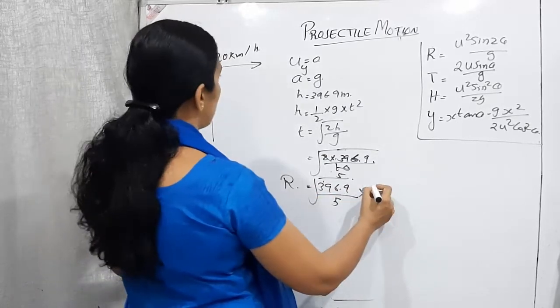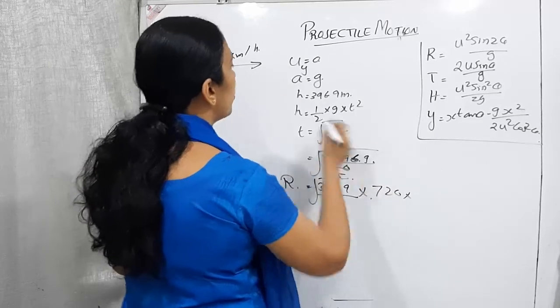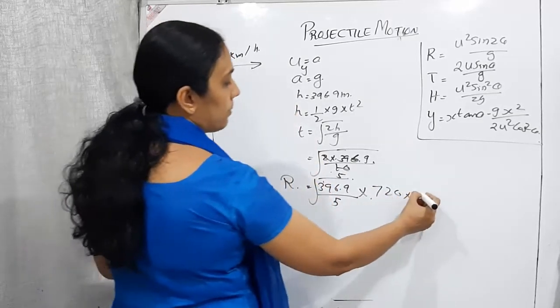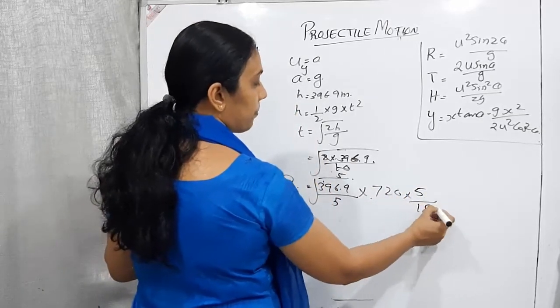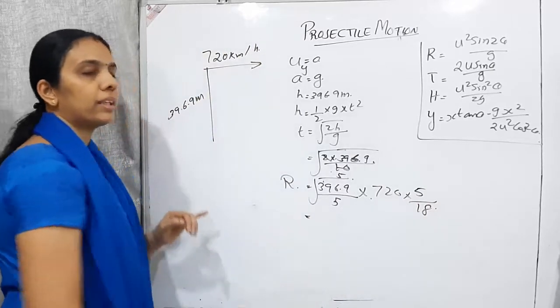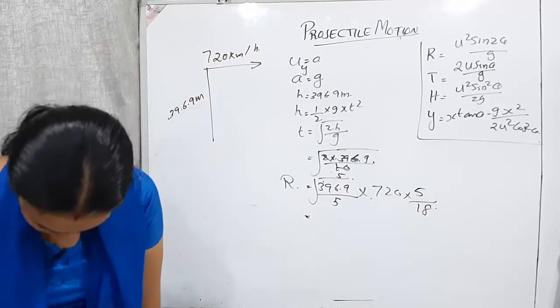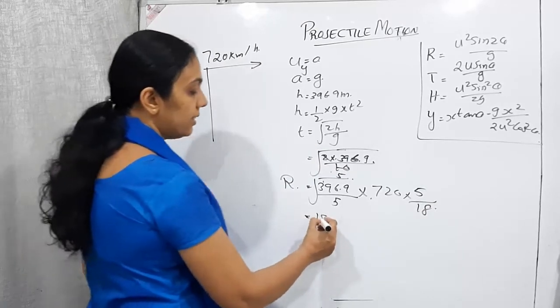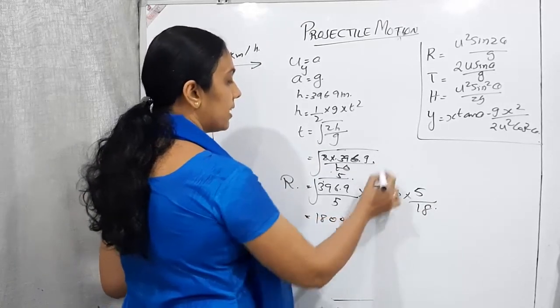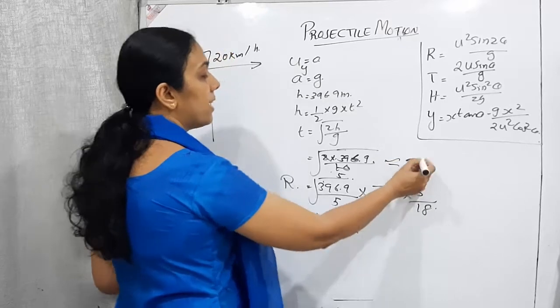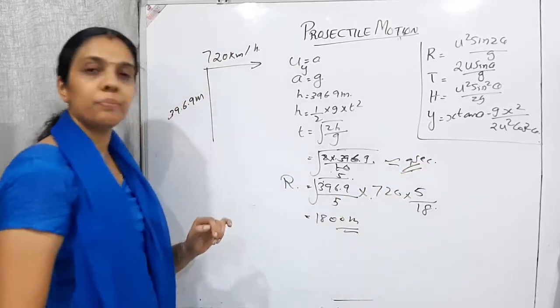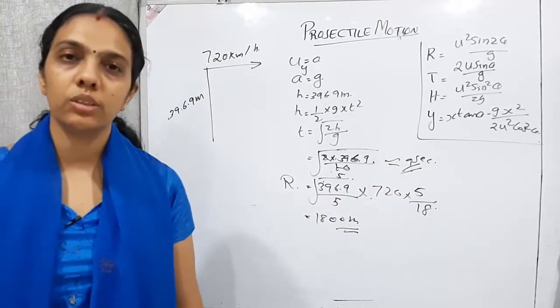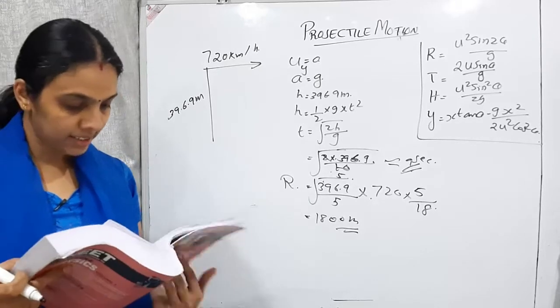Distance equals velocity into time, velocity is 720 km per hour, that we can write as 200 meter per second. You will be getting the value of range. So here the range you will be getting as 1800 meter, and the time is nearly about 9 seconds. Clear how we are finding out the range and total time of flight?